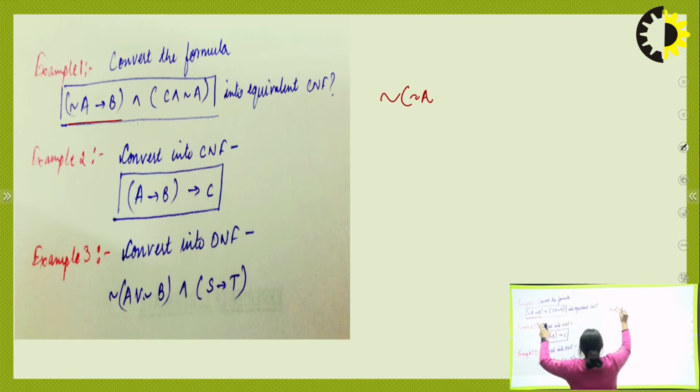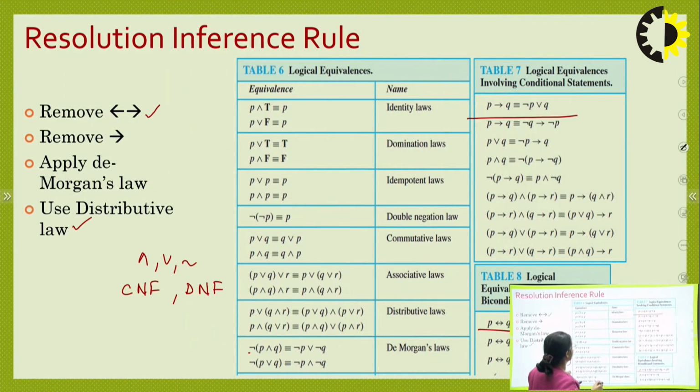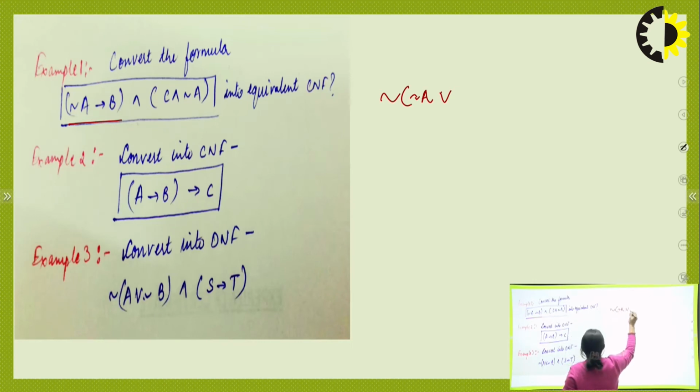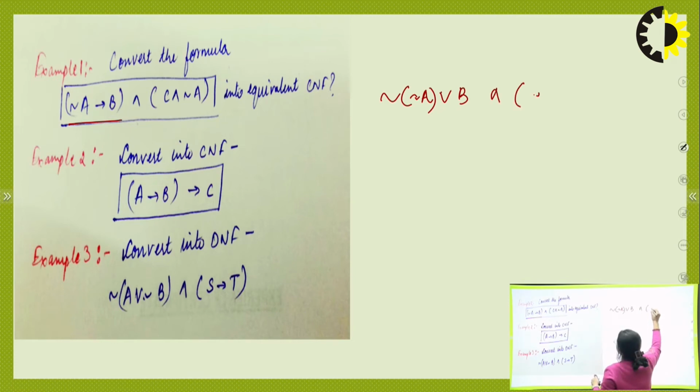So double negation of A, and negation of A, and this is being done. Okay, so here again, this is C and negation of A.